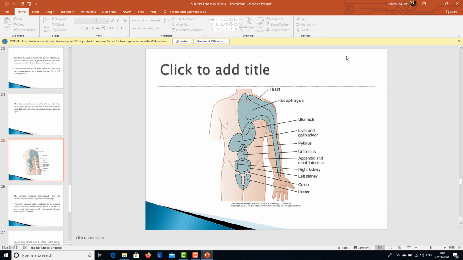So these are the different areas showing where the visceral pain is perceived if damage to these particular organs occurs. All of you should know these areas. You are supposed to make the diagram in your logbook.